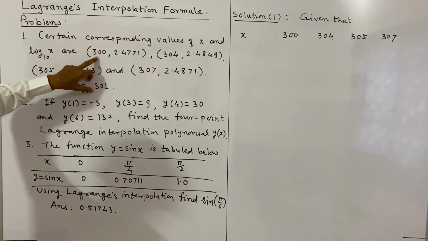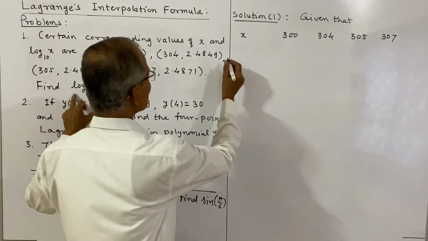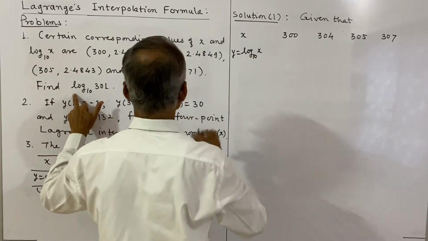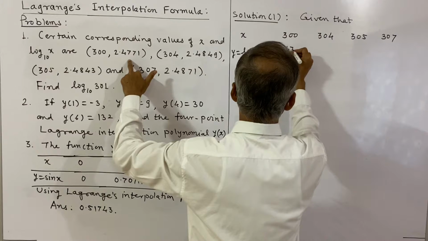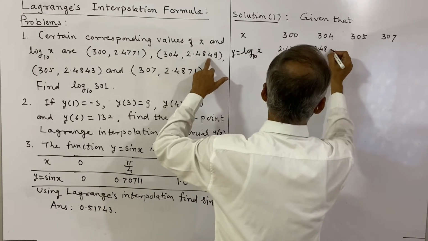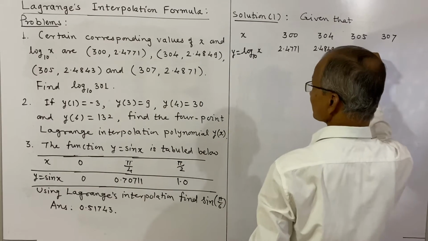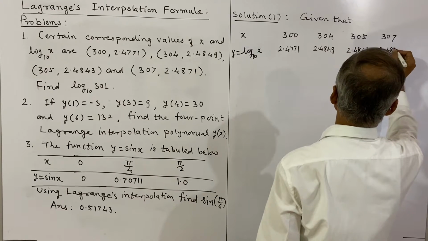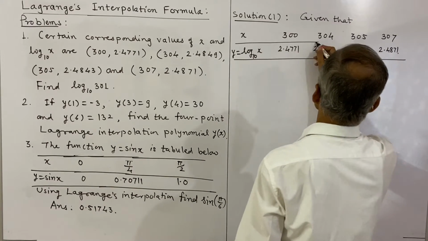Log of 300 to the base 10 is this one, etc. Now the y function we consider as log x to the base 10, and we may write these values: 2.4771, 2.4849, 2.4843, and 2.4871. So these are the values given in the problem.